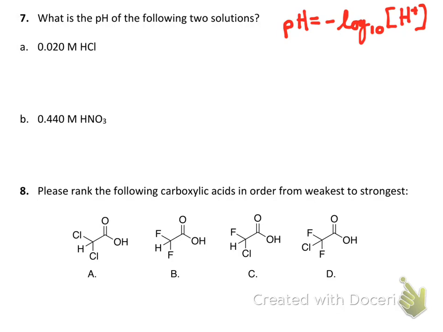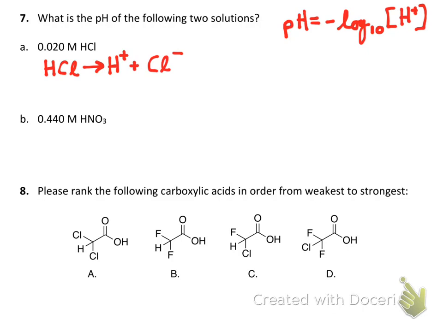And remember, with strong acids, whatever the concentration of our strong acid is, what makes them strong is that when they dissolve, they go all out. They turn completely into H plus and whatever their conjugate base is.